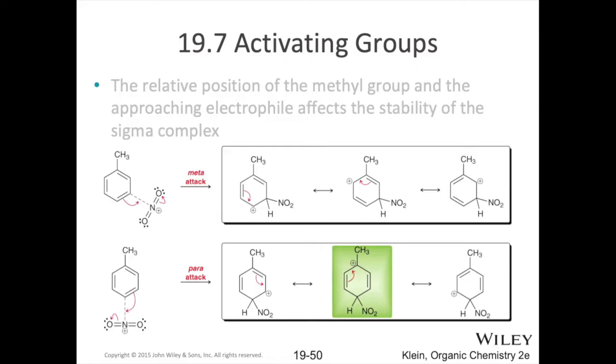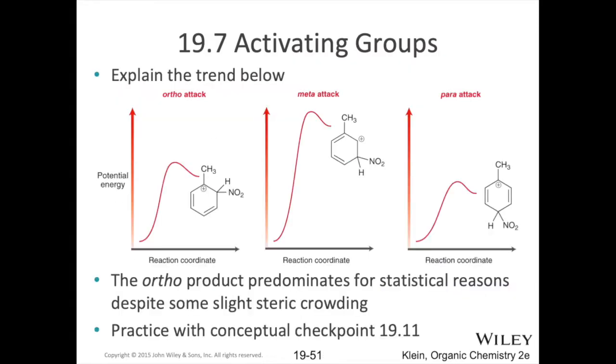It's going to be at the same energy as you'd expect for any sigma complex. So what this means, of course, is that since the activation energy is lower for those other two sigma complexes, that's basically giving it a kinetic pathway. We're going to make that kinetic product by going through that lower activation energy. We're going to make more of that product faster.